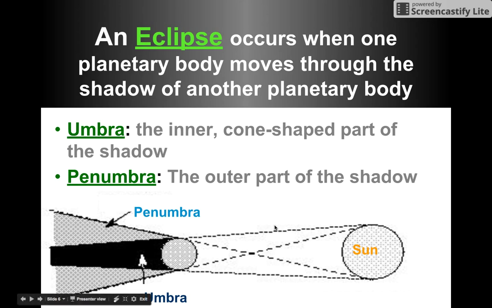Because of external tangent lines and internal tangent lines, that creates two different types of shadows. The shadow in the middle that is cone-shaped is called umbra, U-M-B-R-A. The outer, less dense portion of the shadow is the penumbra.